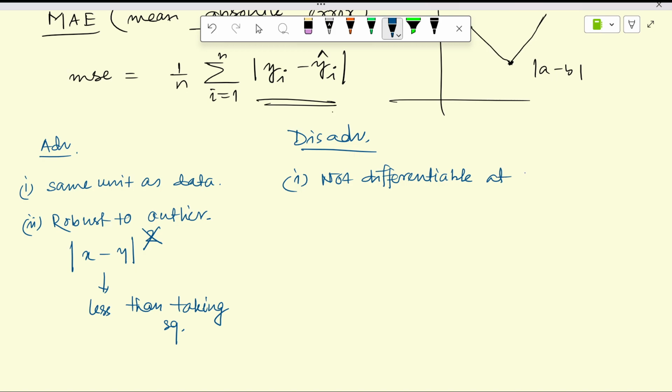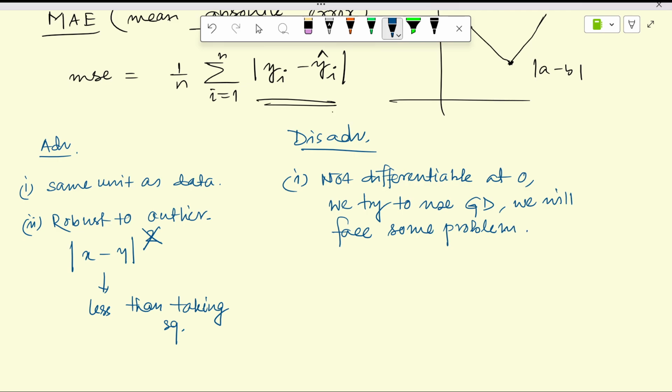So for that reason, when we try to use gradient descent, we will face some problem. We can overcome it. If you don't know how to overcome it, let me know in the comments on this video, and I will explain how it's overcome.